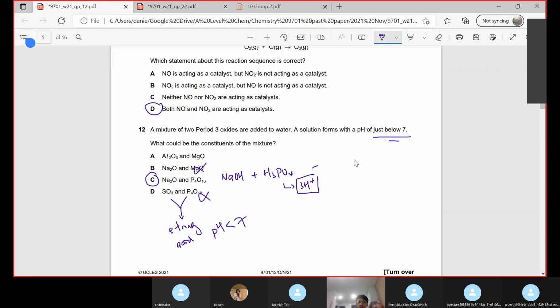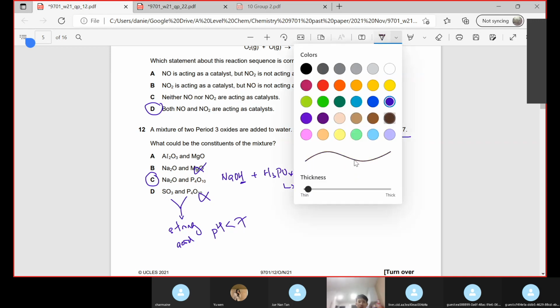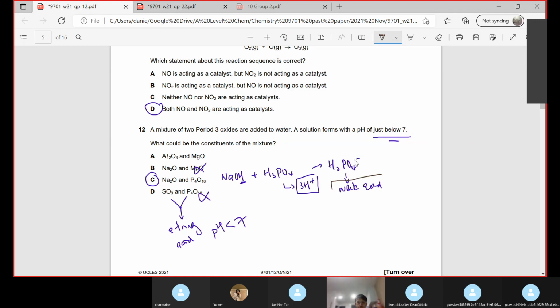Means H2PO4 negative, okay, this is considered a weak acid. So the first H+ reacts with the OH negative, it will already neutralize. So what we have in our mixture, or the resulting solution, we will only have the weak acid, which gives a pH just below 7.